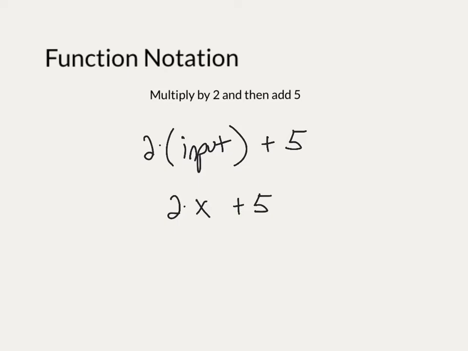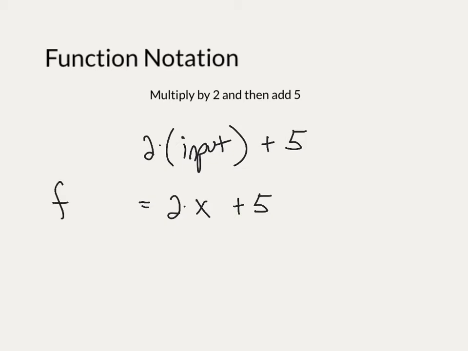So another representation of this function, multiply by 2 and add 5, would be 2 times x plus 5. Right, so this is the formula. This would be a formula for the representation of my function. Now, as mathematicians, we take it one step further, and if I want to refer to 2 times x plus 5, I don't necessarily always want to write 2 times x plus 5, so I'm going to give this function a name, and I'm going to name it f.